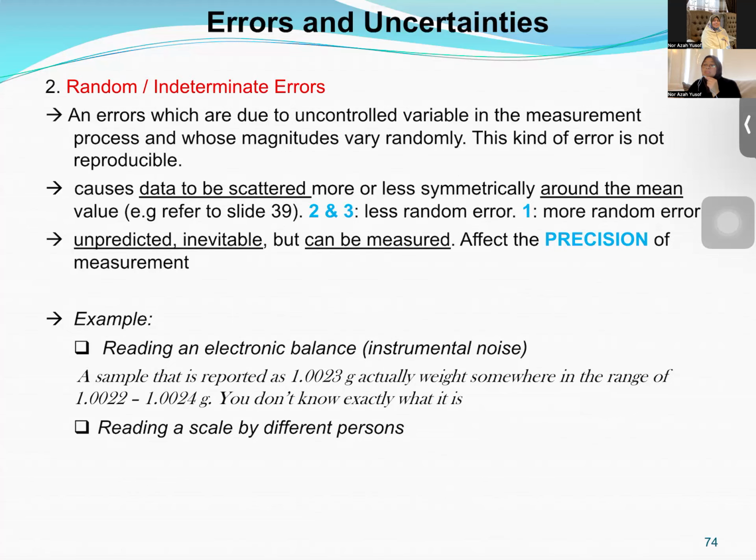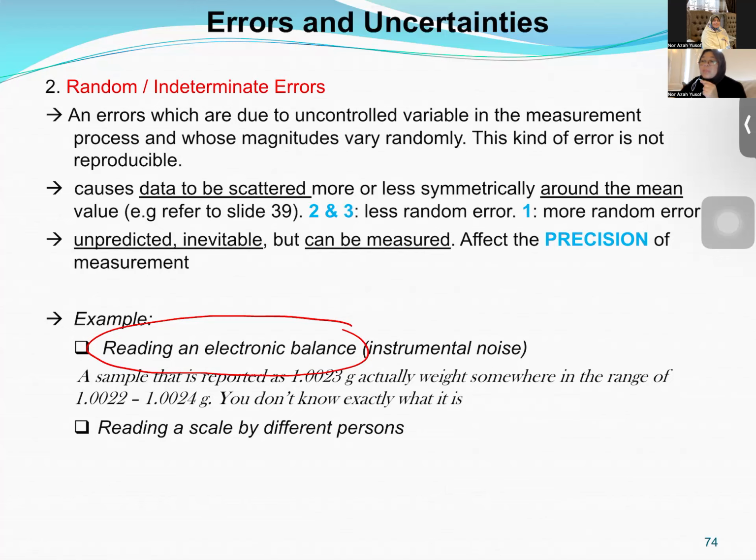Usually it's due to the capability of the machines. You can see here, some balances give you 4 decimals, some balances give you 2 decimal points. So this is what we call the capacity of the instruments.